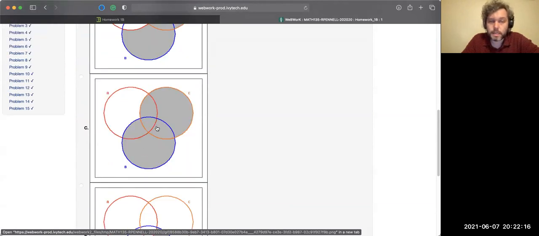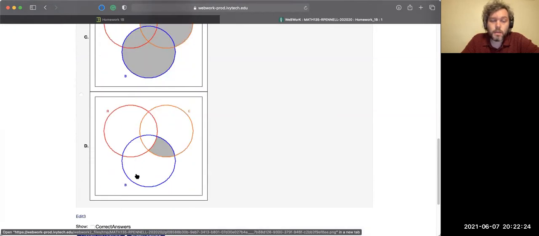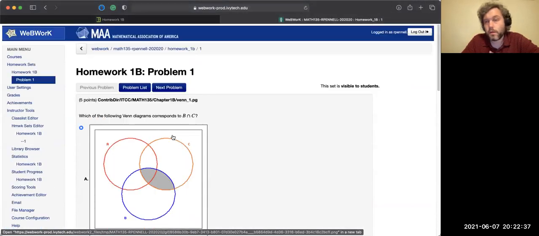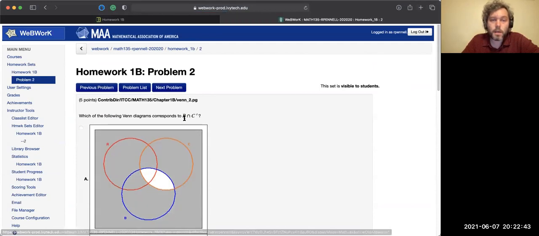This would be B union C. That could be easily confused, but this would not be B intersects C. And this would be B intersects C minus A, but that's not what we want. We want all of this. So that can't be true. That's why I would choose the first one. Yours will be randomized in what it's asking, but that's how I would choose my answer.